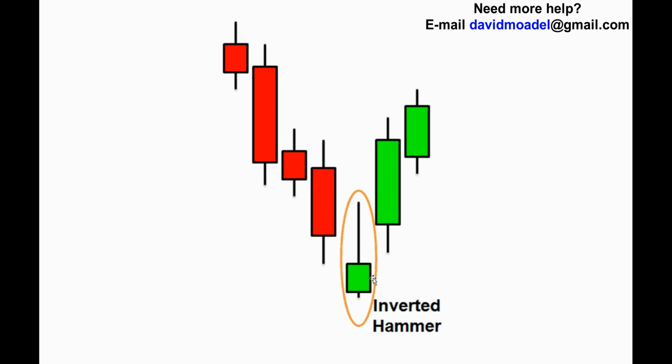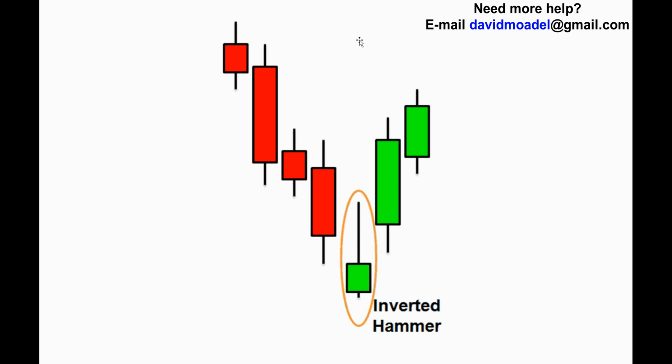You get a candlestick with generally a smaller body, and not much of a lower wick or shadow, either none or very small, and then a large or relatively large upper shadow or wick. And by the way, as far as the candlestick itself, that's also what a shooting star looks like.